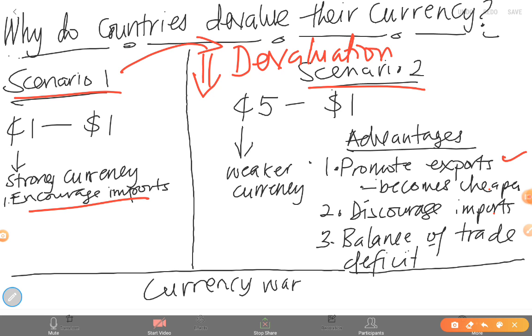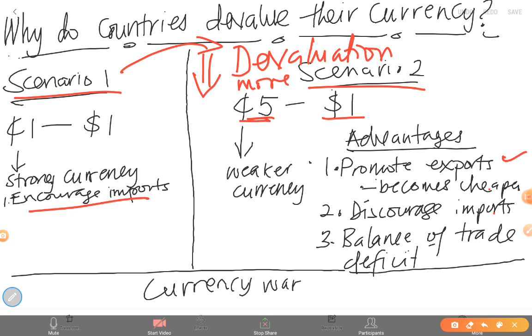So scenario 2 explains devaluation. Here, the government has weakened the cedi against the dollar, meaning that now you need more of the cedi for few of the dollar.